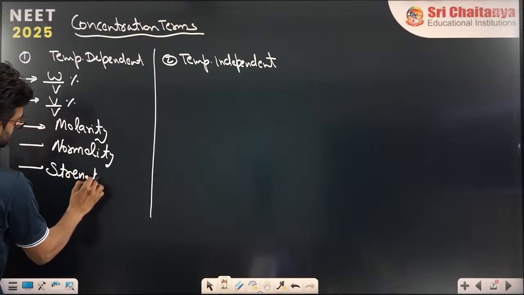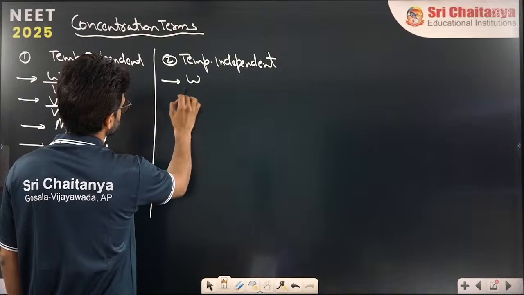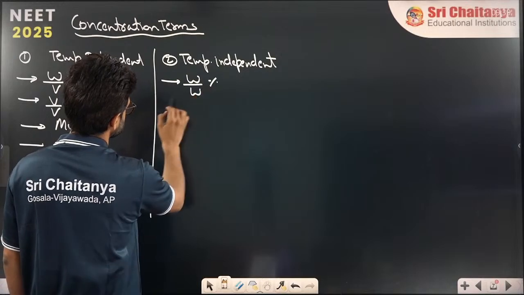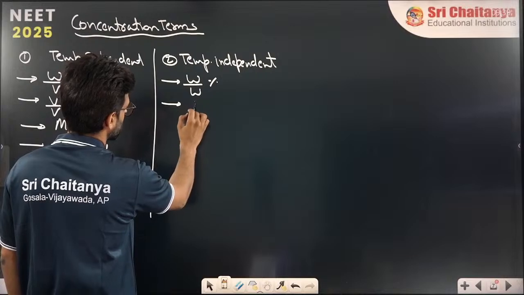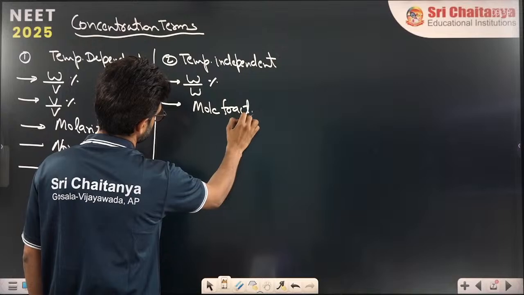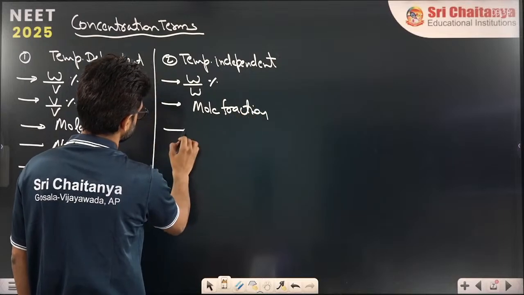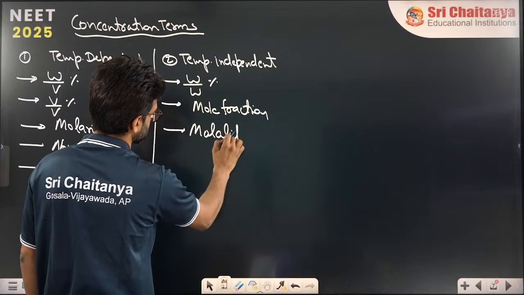This is your strength. If I go here, it's weight by weight percentage. Second thing you can take here is mole fraction. And the next you can take molality, right?